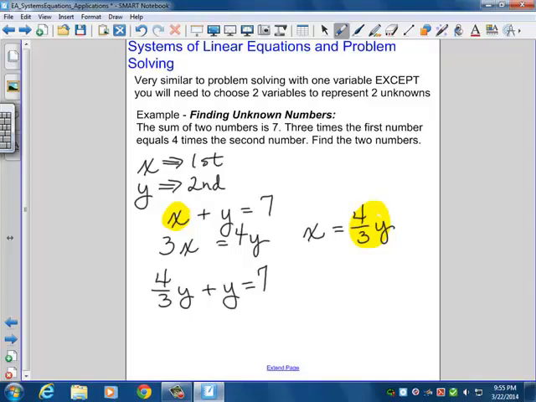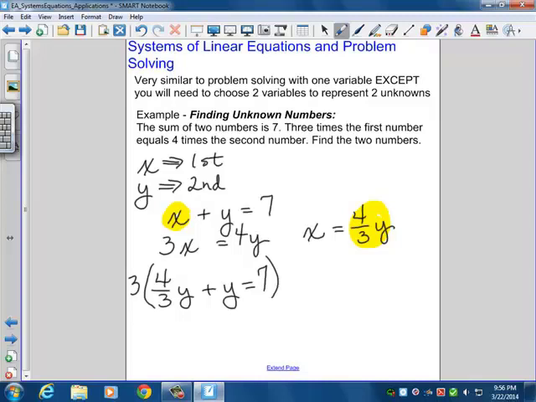Just a good chance to remember, what do we do when we have a fraction in an equation like this? Do you remember? It has to do with the least common denominator. We're going to multiply all terms in the equation by the least common denominator. In this case, we only have one denominator, so that makes it pretty easy that our least common denominator is that denominator. So I'm going to multiply all terms by 3.